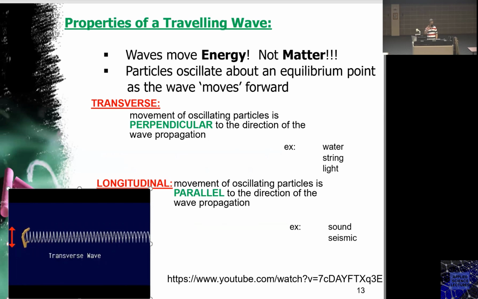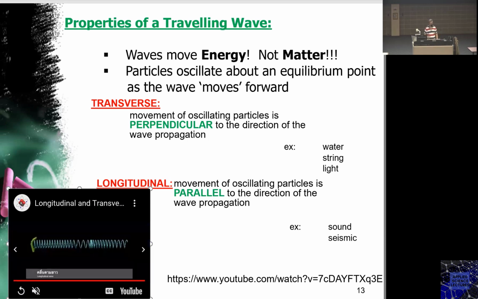The transverse wave, on the other hand, applies the oscillation such that it is perpendicular to the direction of the propagation. This is what happened in the pond. However, the longitudinal wave is the sound wave.